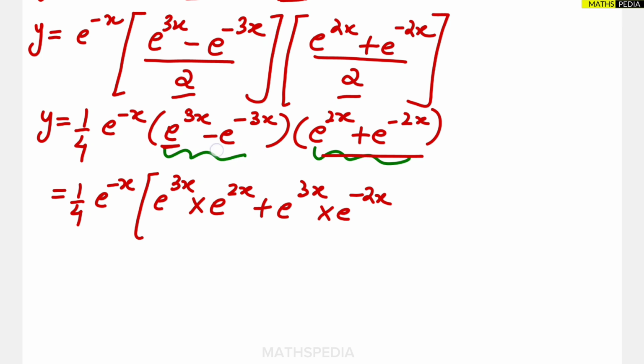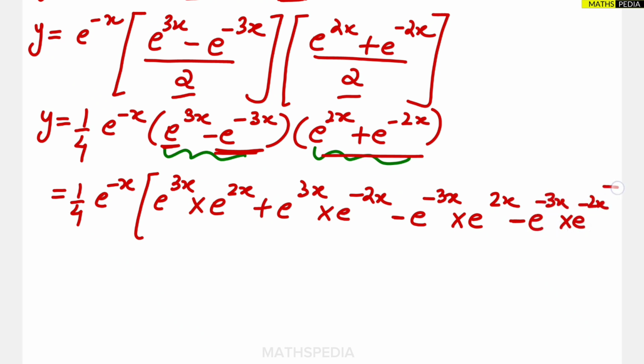Done that part. Now I'll take this one and multiply with both. Now minus sign is there, be careful. So minus e power minus 3x into e power 2x minus e power minus 3x into e power minus 2x.